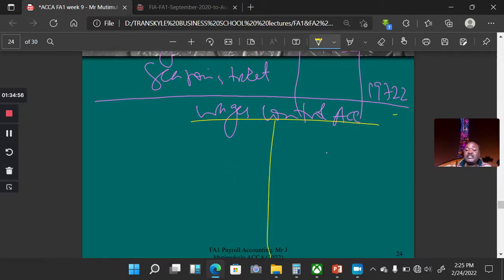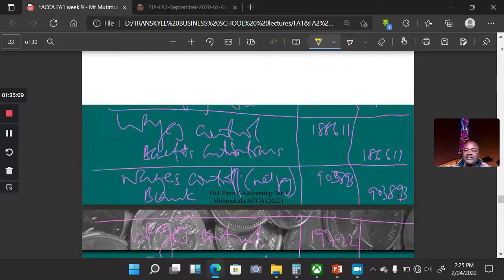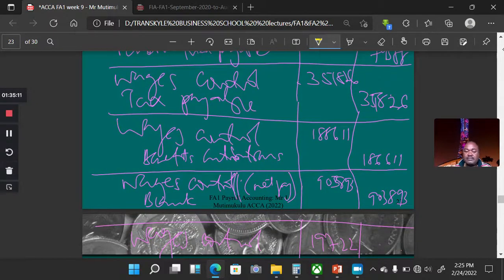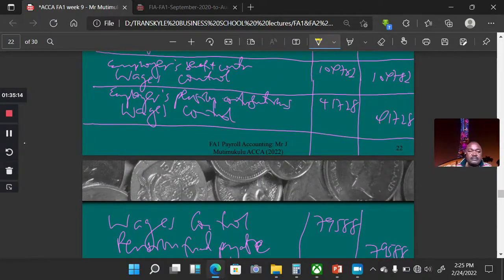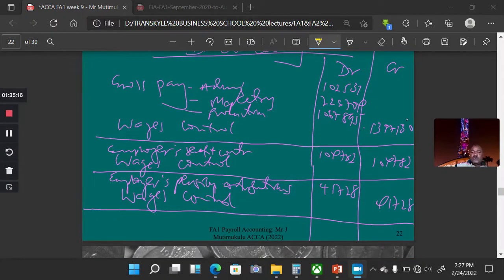And we now know that on this side goes the gross pay, or gross wages. We have already found this figure, so we just have to slot it in the wages control account.